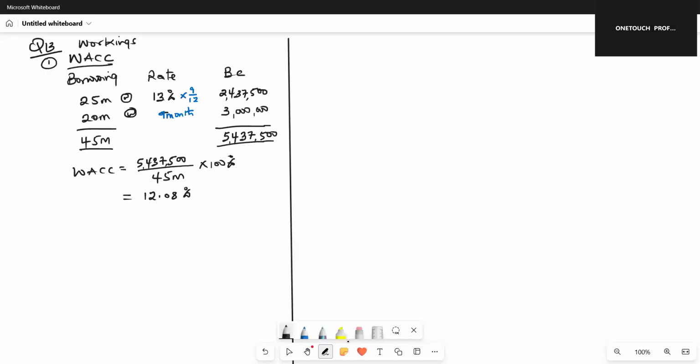But this one, they are giving us the borrowing during the period of construction, not the borrowing at the end of the year. That's why we are using the annual interest for the period of construction, just that the period of construction is not up to 12 months. So restrict it to the 9 months. So the additional borrowing, this one deviates a bit from the ones we have been doing.